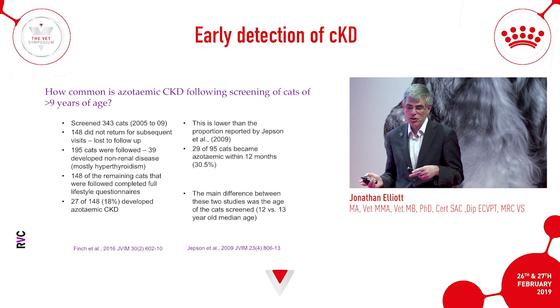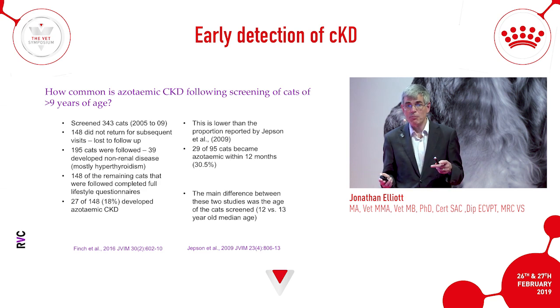And we've published 2 different studies, and the prevalence was different in the 2 studies. We looked at 343 cats in one study, and were able to get long-term follow-up on 195 cats.